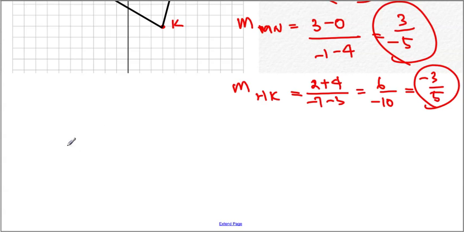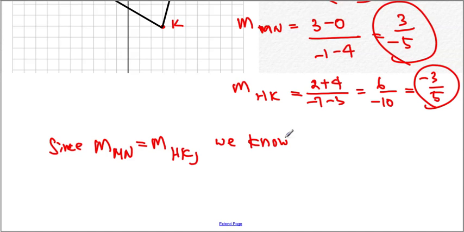Therefore, those two lines must be parallel. Since slope of MN is equal to slope of HK, we know that MN must be parallel to HK.